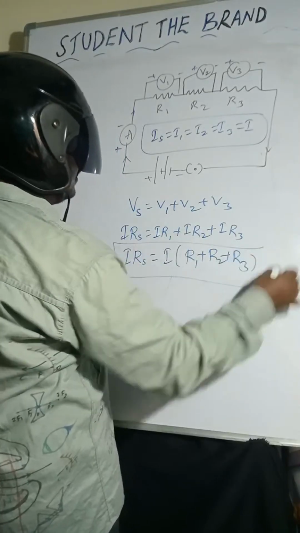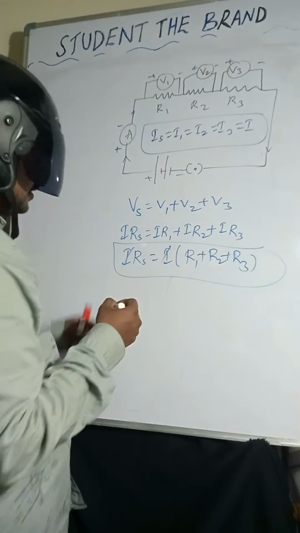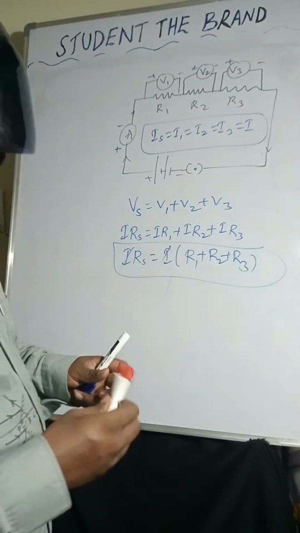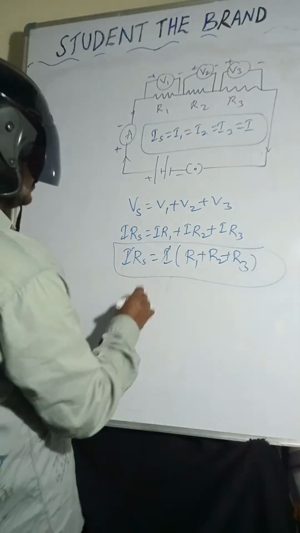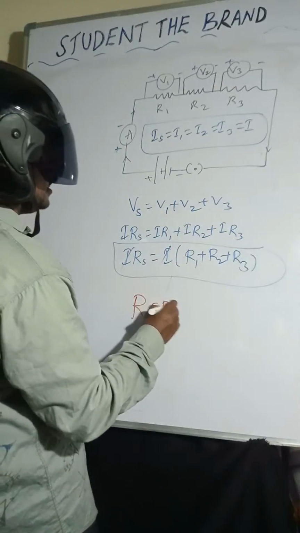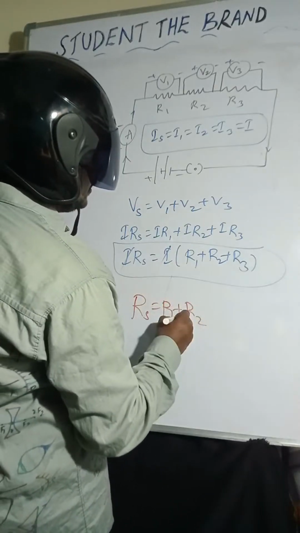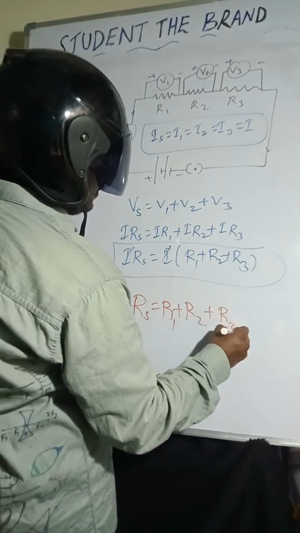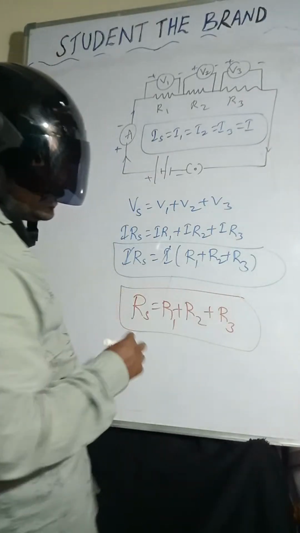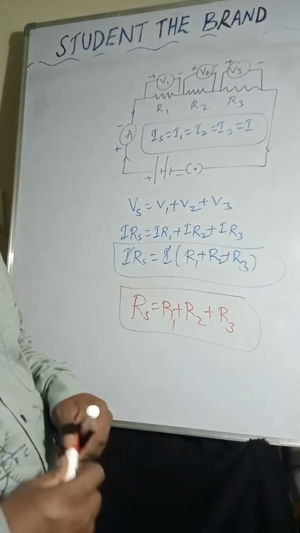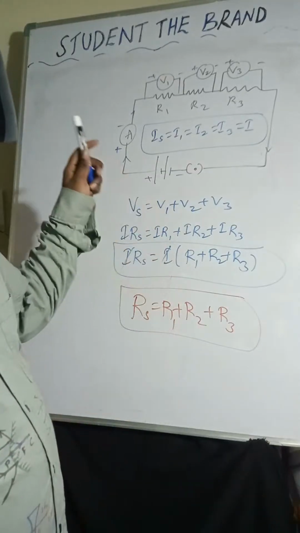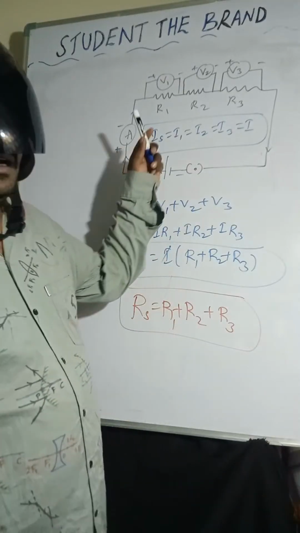Then I gets cancelled. So Rs equal to R1 plus R2 plus R3. The total resistance in series combination is the sum of R1, R2, R3.